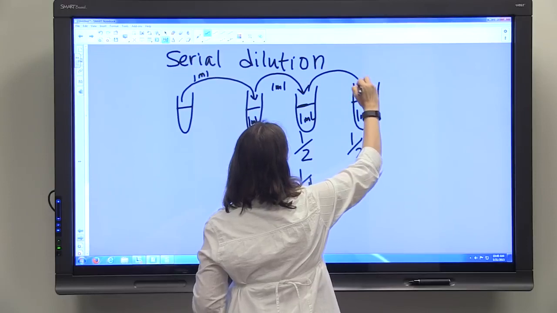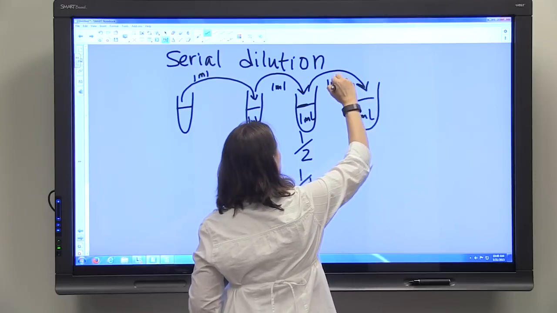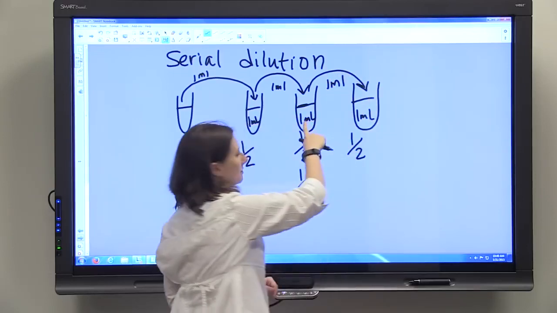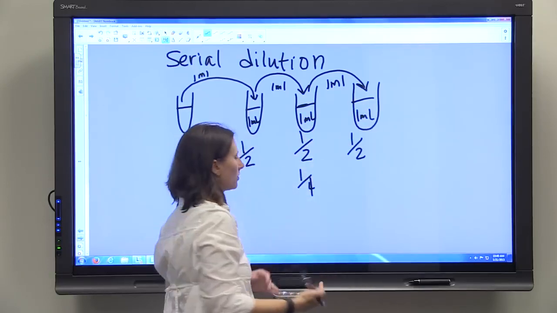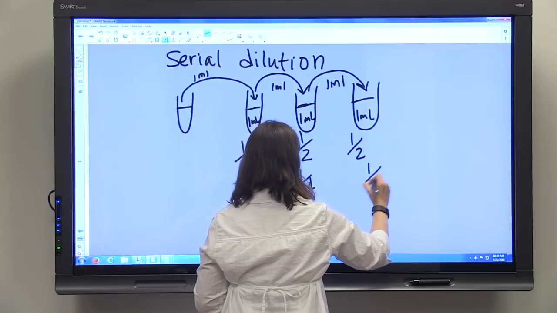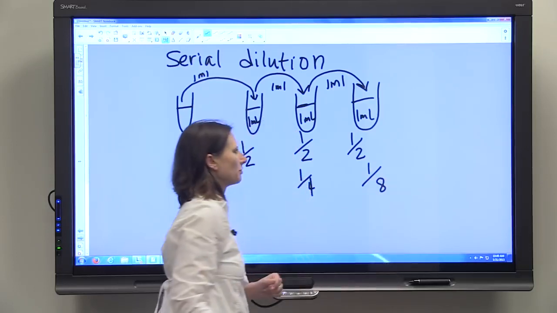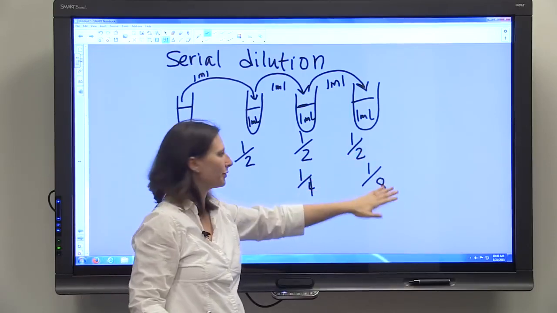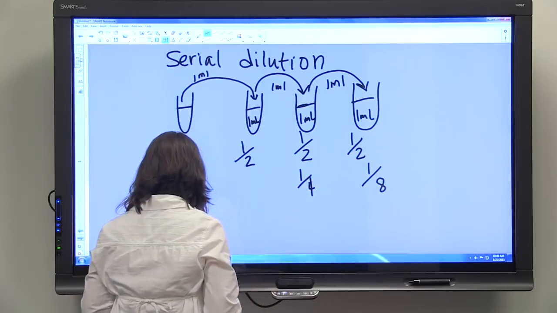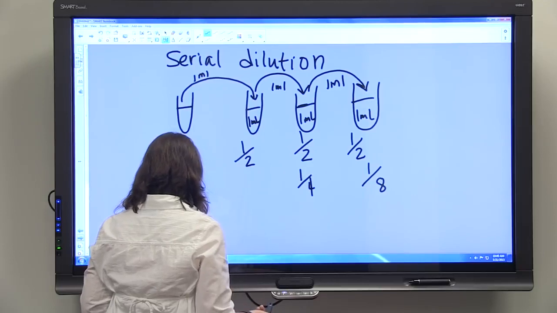Same here. If we take another mL, we have to make sure we're mixing these well before we're transferring that 1 mL so that we know the concentration. But here we're going to have 1/8 because this concentration is diluted by 1/2 to give us 1/8. So you can repeat that.